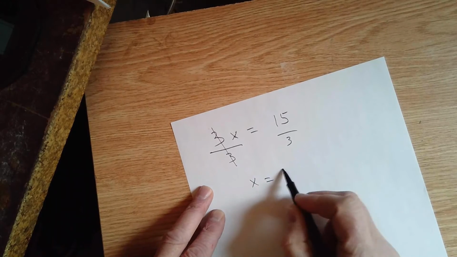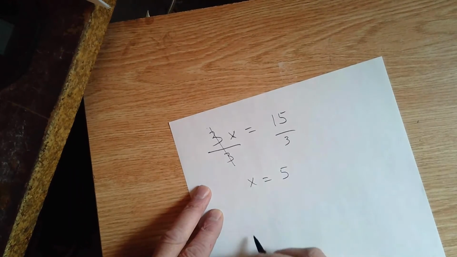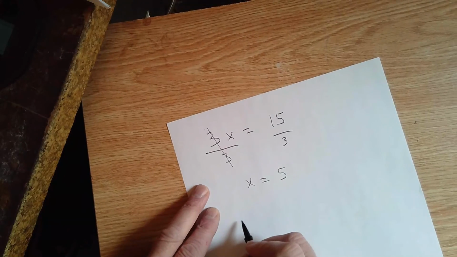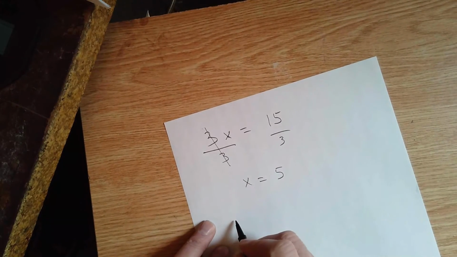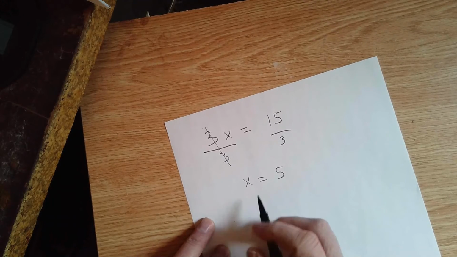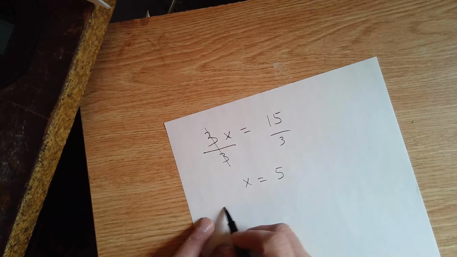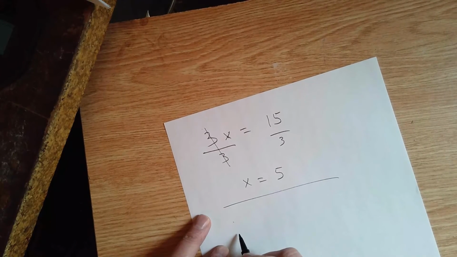X equals 5. We'll deal with division of variables later on. That'll be next. Let's do one more here.